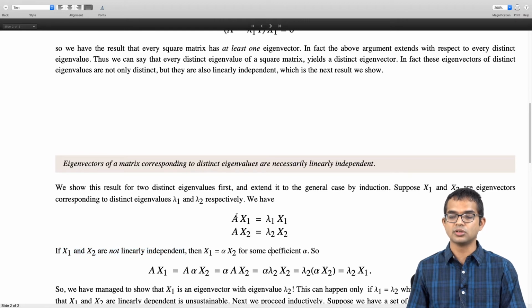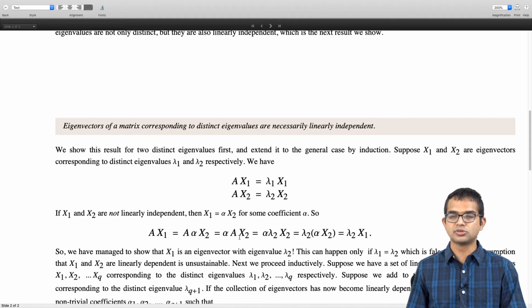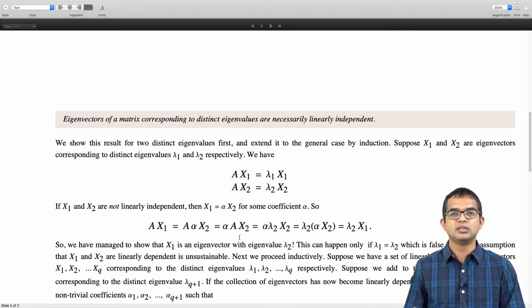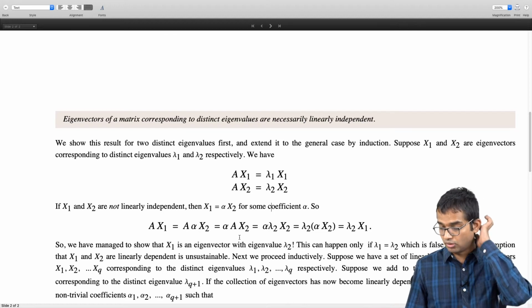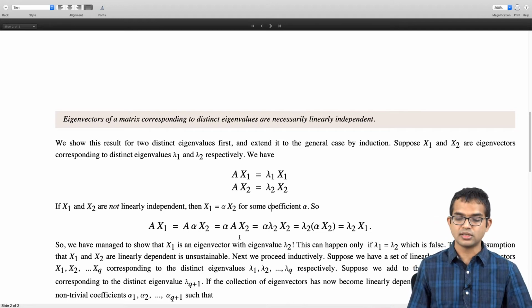So we have managed to show it for just two distinct eigenvalues, and then by induction we can show that this holds also for an arbitrary number of distinct eigenvalues, right? So let's suppose that you have distinct eigenvalues lambda 1, lambda 2 all the way up to lambda q, and let's say x1, x2 all the way up to xq are linearly independent eigenvectors, right?